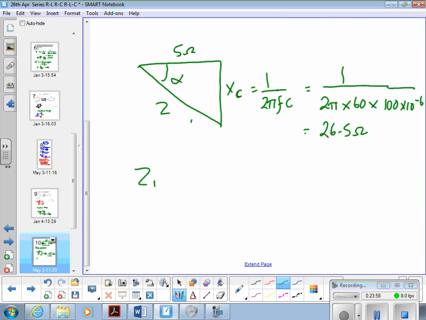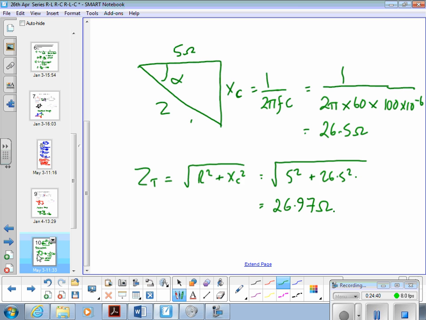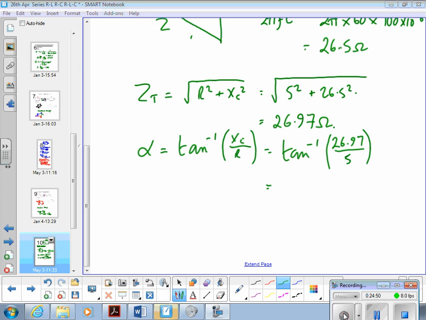So ZT is, by Pythagoras' theorem, the square root of R squared plus XC squared, which is root of 5 squared plus 26.5 squared, equals 26.97 ohms. The angle is 79.3 degrees.